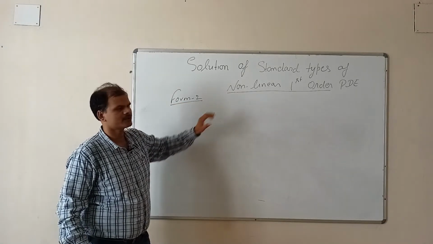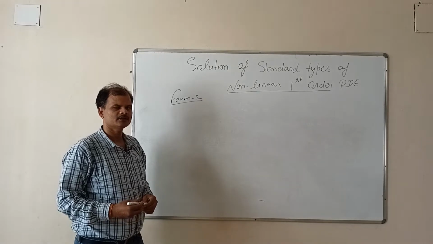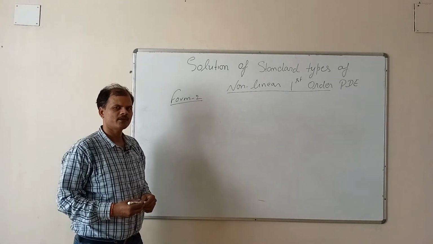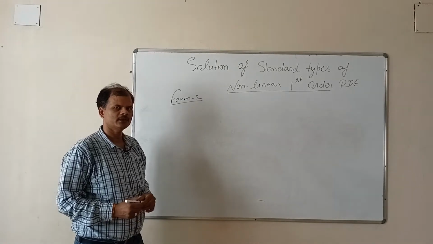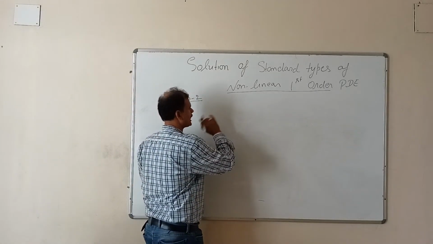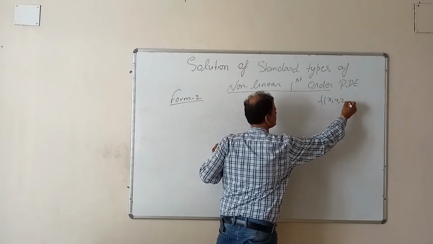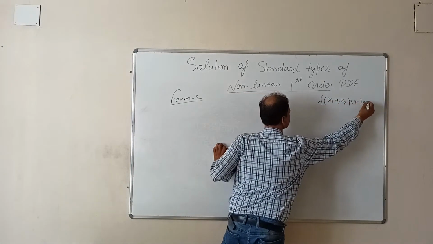So in this video I am going to explain Form 2 of Standard Form 2 of non-linear first order PDE. In my previous video I have explained the solution of non-linear first order PDE of Form 1, and this is Form 2. So what is Form 2? Actually this PDE will be a function of x, y, z, p, q equal to 0.